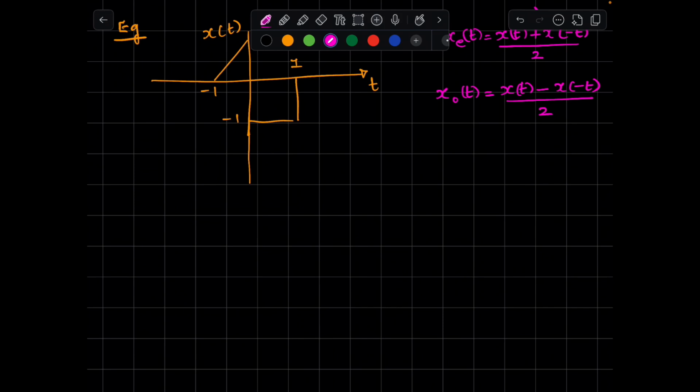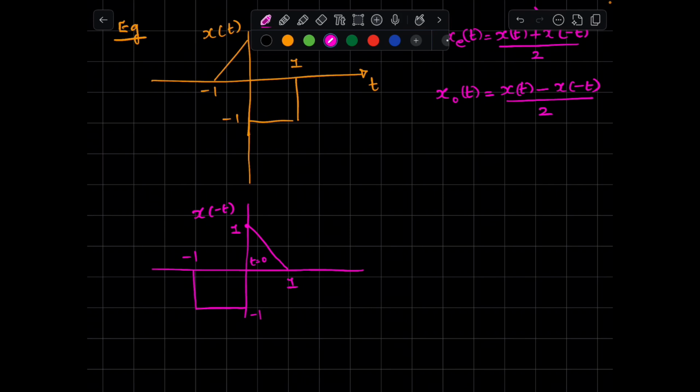As we have discussed, for x of minus t we flip the signal along the y-axis. So you will get something like this: -1, then this is at t equal to 0, and this is at -1, and the left side we move to the right, so we get the signal here at 1, and this is 1.